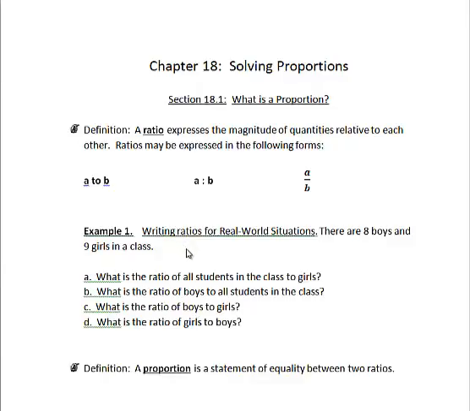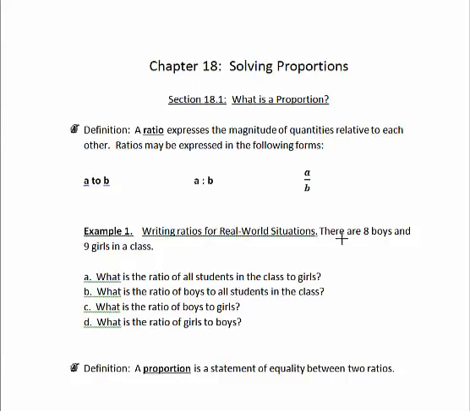So example 1, we're given a number of boys, 8, and a number of girls, 9, in a class, and there are several different ways we could write a ratio between boys and girls. A wants us to write the ratio of all students in the class to girls.